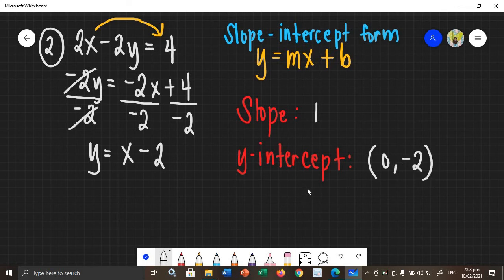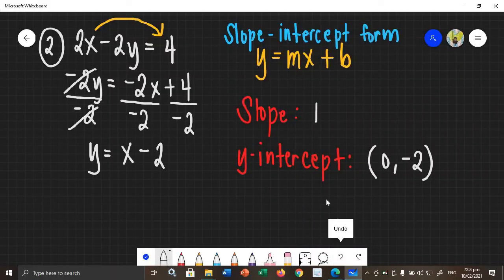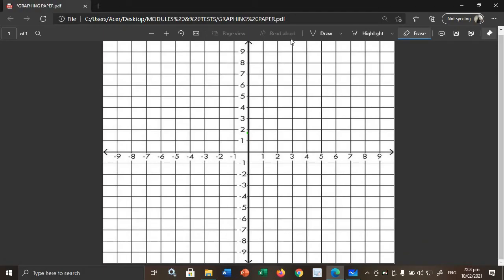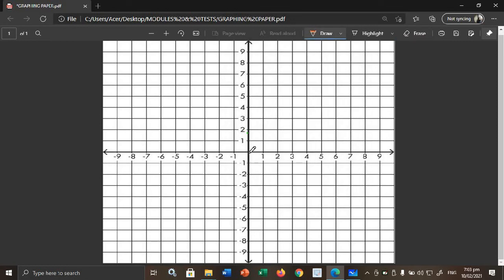So, meron na tayong slope and y-intercept. Therefore, we can now graph the linear equation. So, first that we need to graph is yung y-intercept, which is (0, -2). So, that will be along the y-axis.